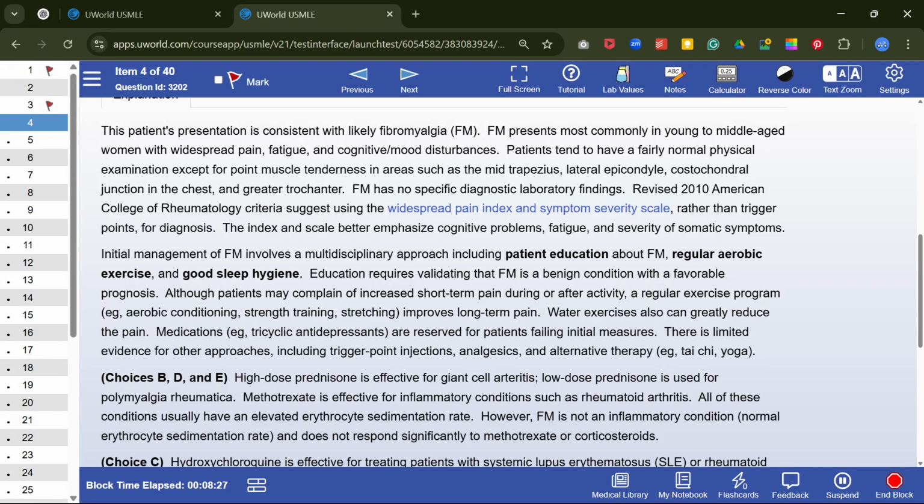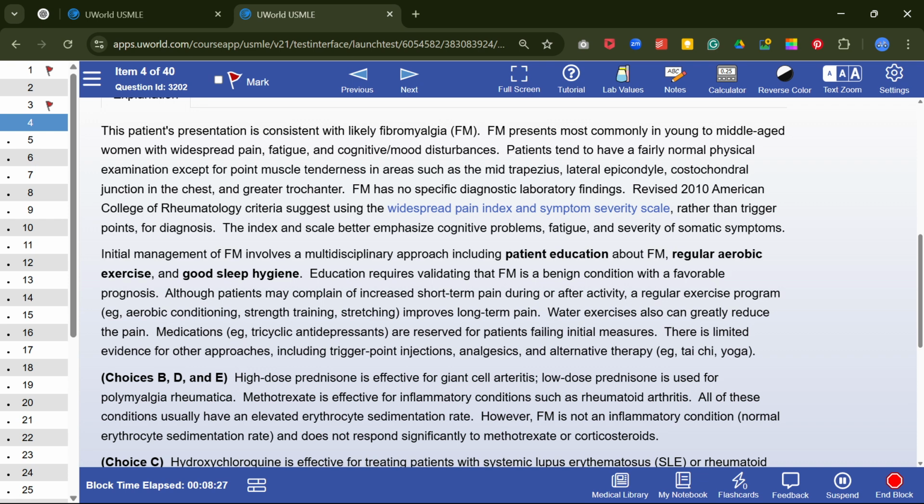This patient's presentation is likely fibromyalgia. Fibromyalgia presents most commonly in young to middle-aged women with widespread pain, fatigue, and cognitive or mood disturbance.